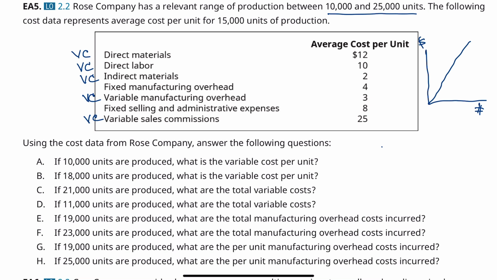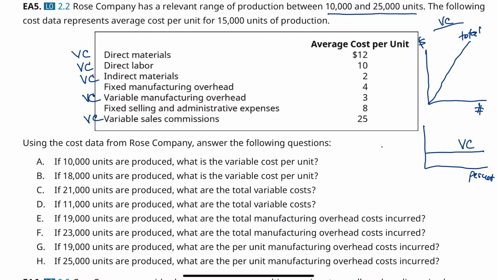Now, because this provides us per unit, one thing to remind you is that if this is the total cost, the per unit basis in terms of the variable is going to stay constant. So if you are producing, let's say, a t-shirt, the variable cost per unit is going to stay the same.